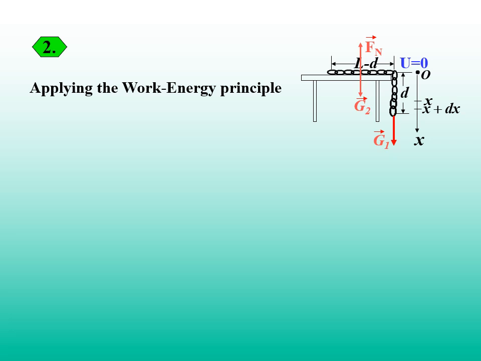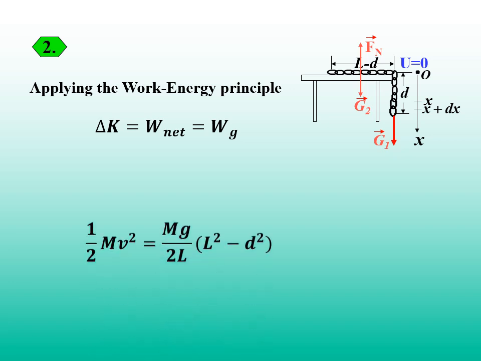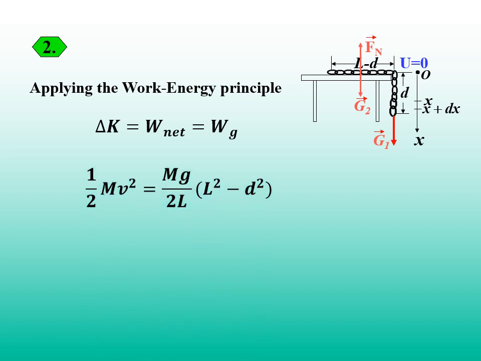We can solve the second problem from another point of view. Applying the work-energy principle, the change in kinetic energy delta K equals the net work done on the system. In this case, it is equal to Wg. So we have 1/2 mv squared equals mg divided by 2L times (L squared minus d squared).